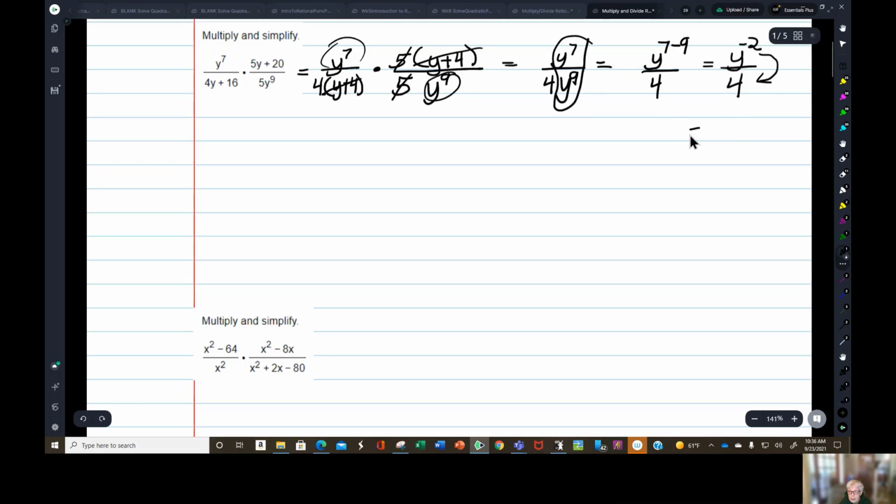So our final answer will have a 4y to the positive 2 on the bottom. And up here, do not put a 0. We put a 1.